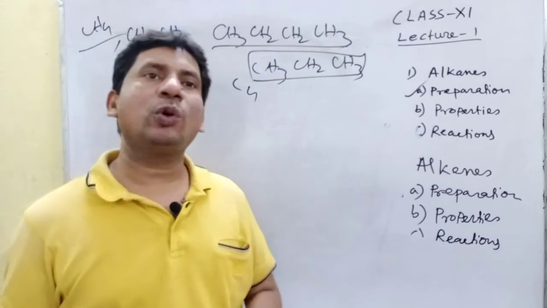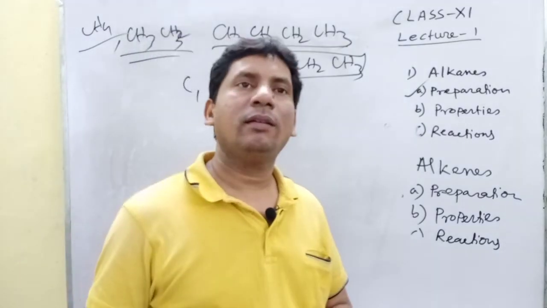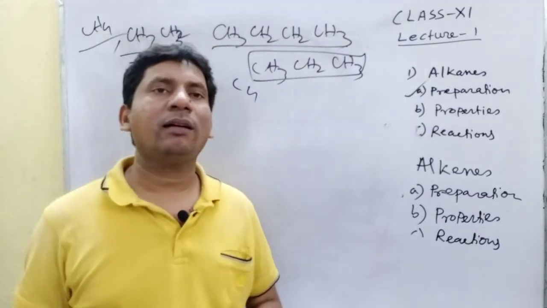Then from 5 to 17 they are liquid, that means kerosene, petrol, diesel, etc.